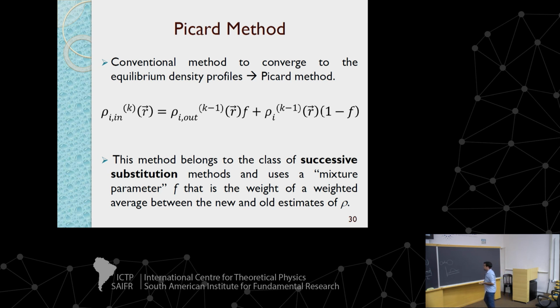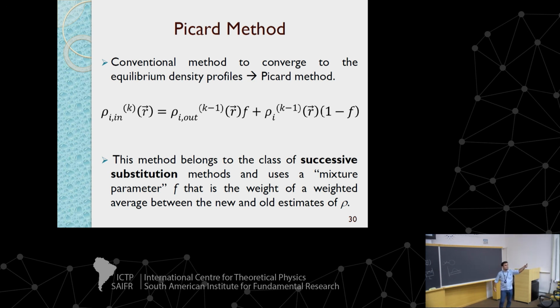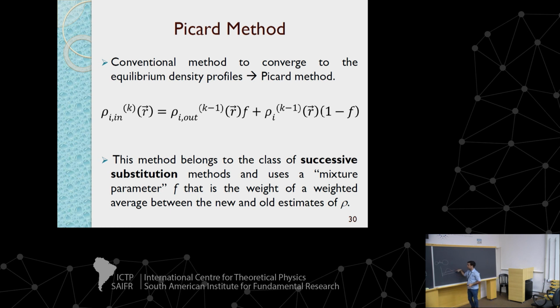So what we do is interpolating these points and get a profile that is in a middle term between these two profiles. Okay, so this is done with a linear interpolation using this so-called mixture parameter. If we use, for example, 0.05, you're considering 5% of the new profile and 95% of the old profile.